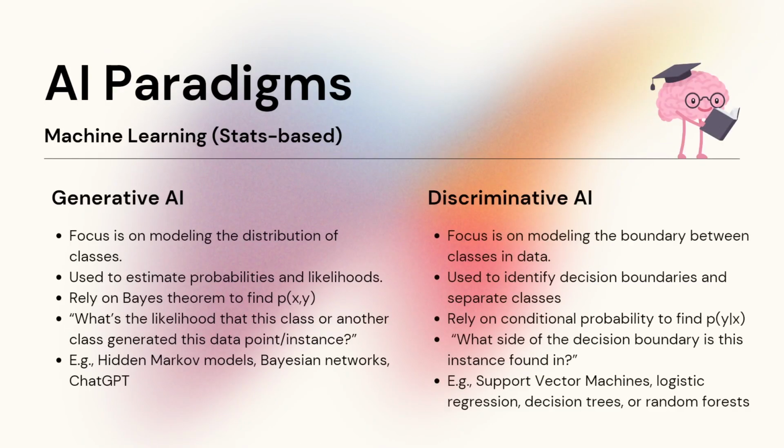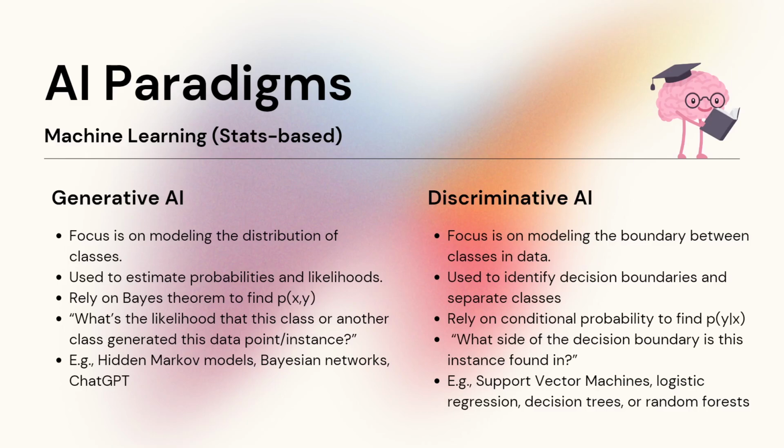So let's dive a little bit deeper. Within machine learning-based AI, we have two types of models. Generative models that use prior data to generate new data from learned correlations, and discriminative models, which try to learn classes or boundaries to classify new data. ChatGPT and LLMs in general are just a new cool kid in the generative AI landscape.